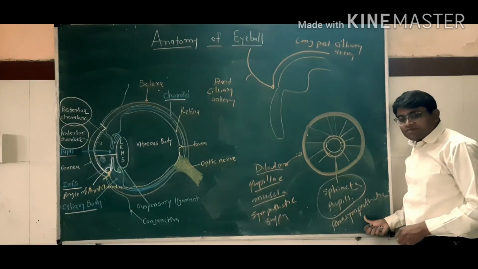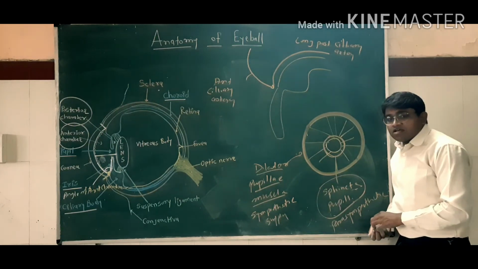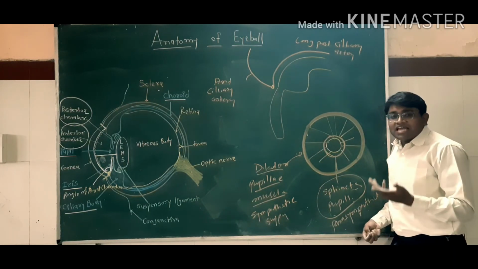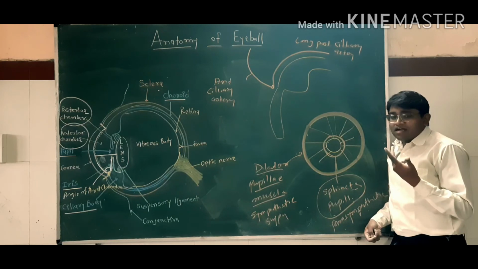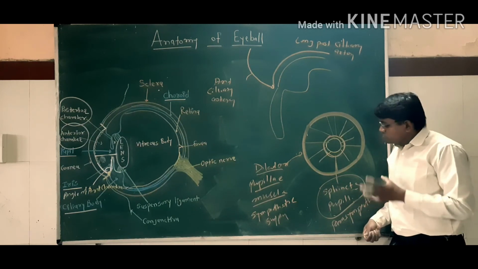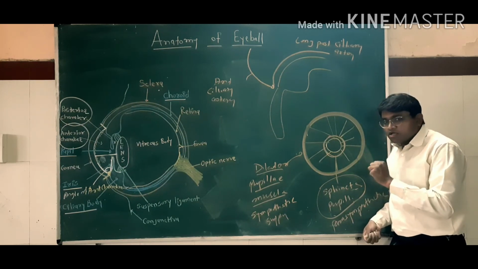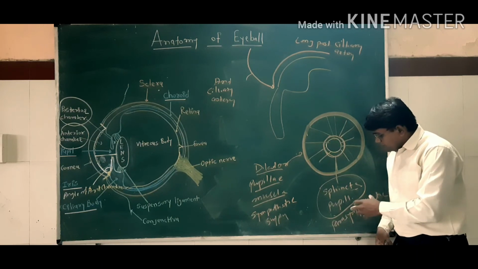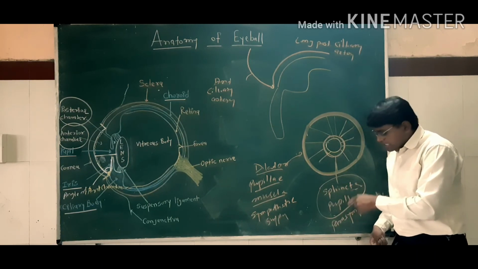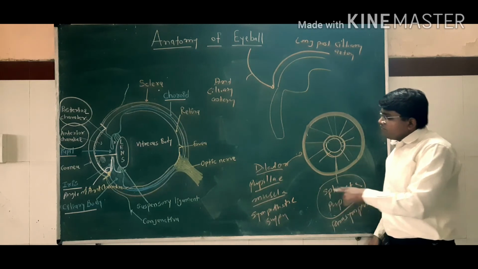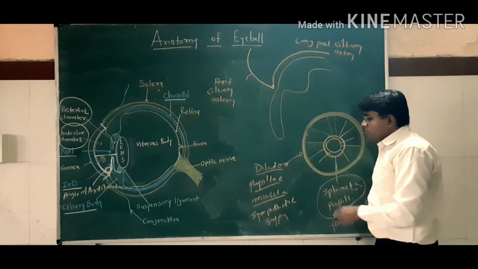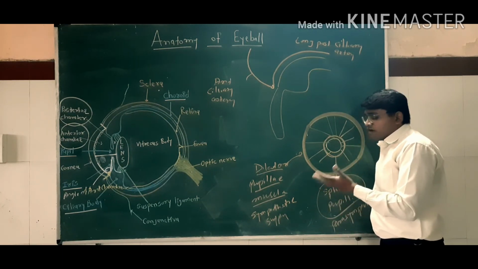Because in the parasympathetic condition, when we are relaxed, as when we are in a drowsy state or sleeping, the pupil becomes closed. So the sphincter pupillae muscle has a parasympathetic supply, whereas the dilator pupillae muscle works when we are in the fight or flight condition.